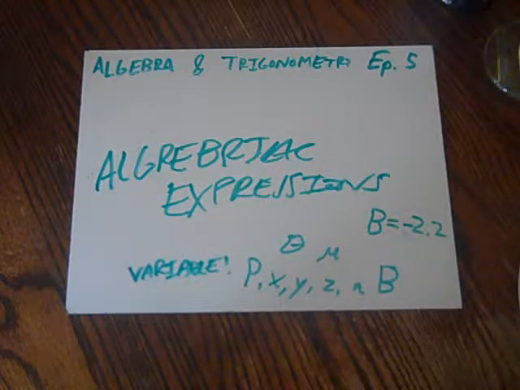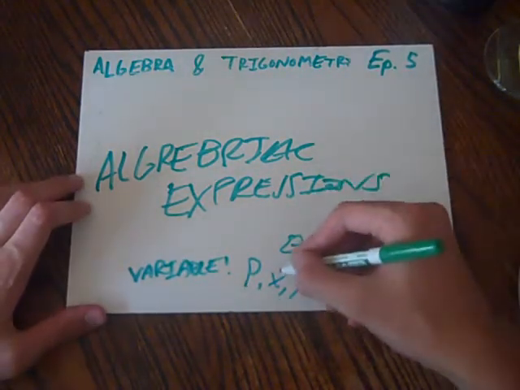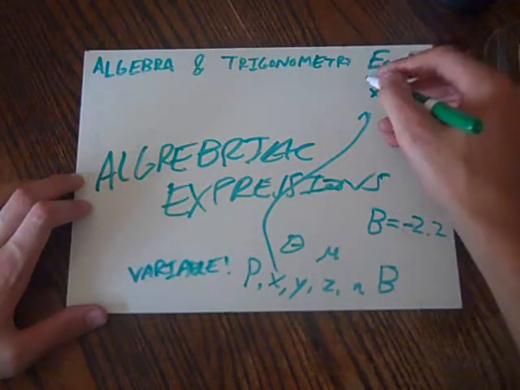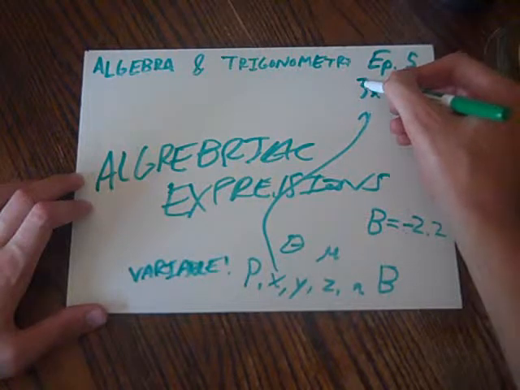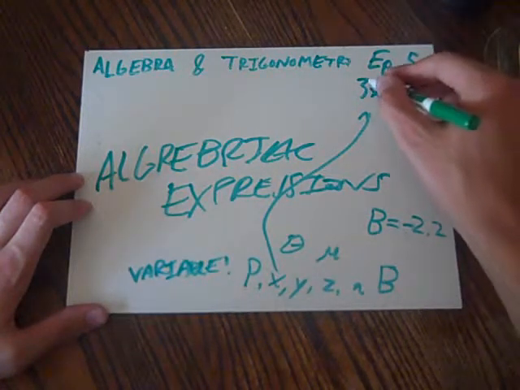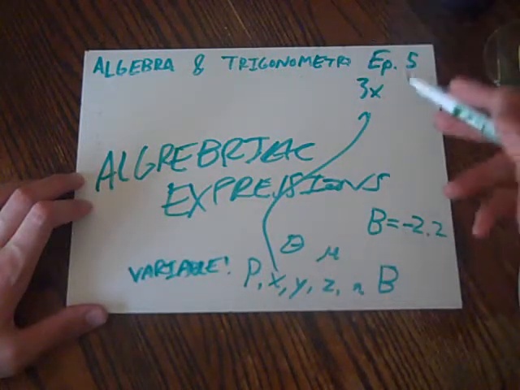And basically, what we're going to do is learn about numbers that are right next to these variables. So let's say you've got the variable x, and then it's got 3 next to it. Like right there. No space, no parentheses, no dots, just 3 next to the x. What does that mean?